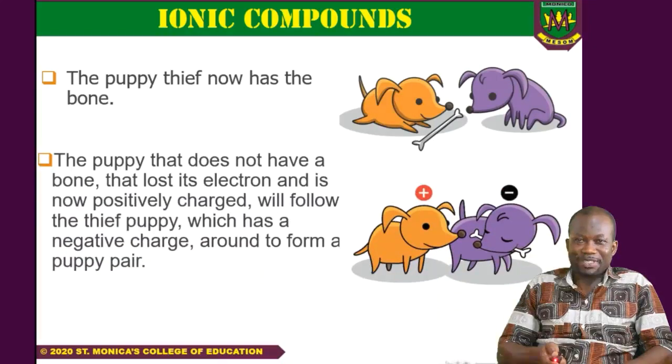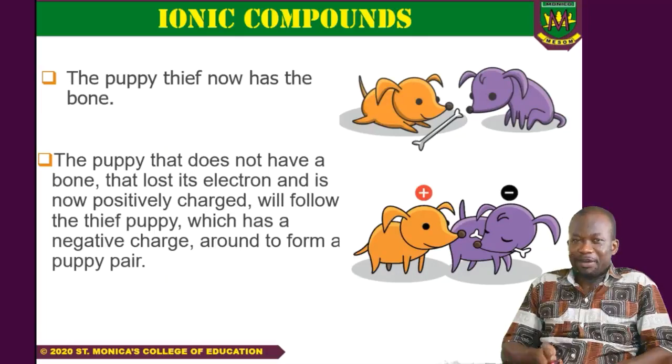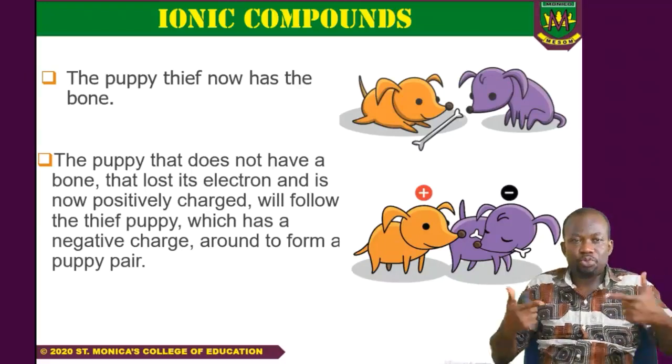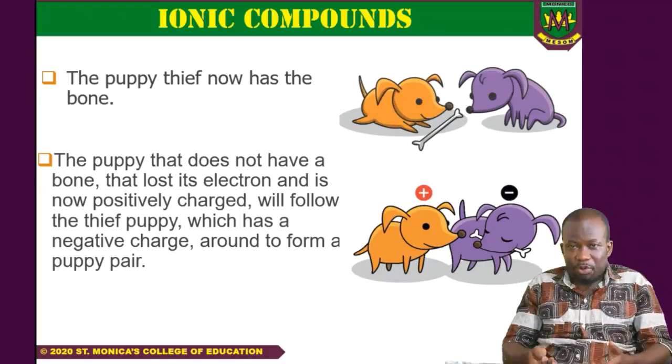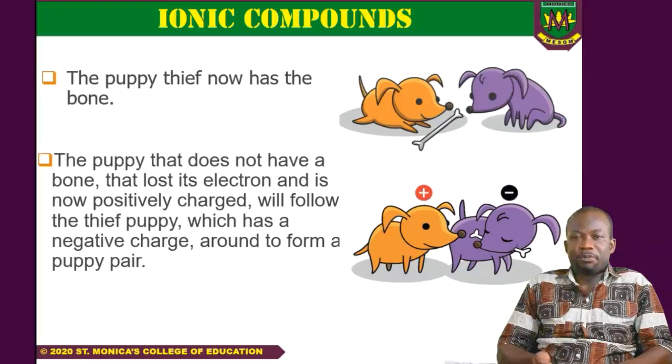That is the one with positive charge will follow the one with negative charge. Then that negative charge will follow around, and when the two come close together like this, they form what is referred to as a poppy pair.